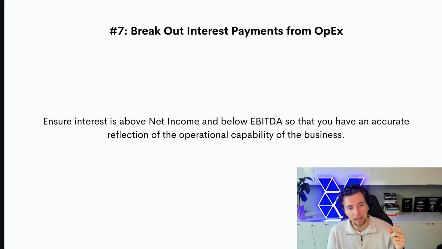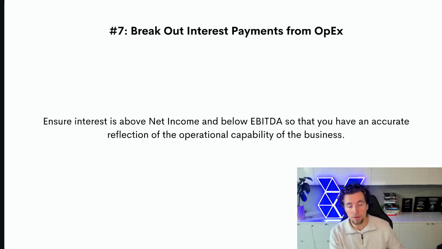If you're looping interest payments into your operating expenses, you are going to get a net income figure, which, yes, shows you the net income of the business, but it doesn't show you the operational capability of the business if you were to exit or if you were to fix the working capital situation within the company and not be reliant on loans. And therefore, a net income and an EBITDA number is really important there.